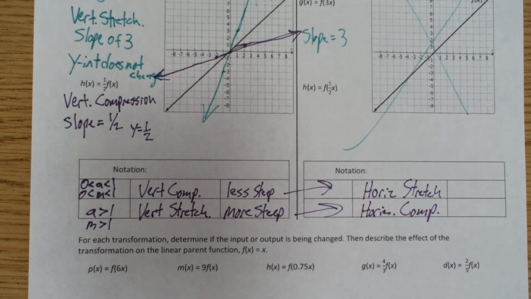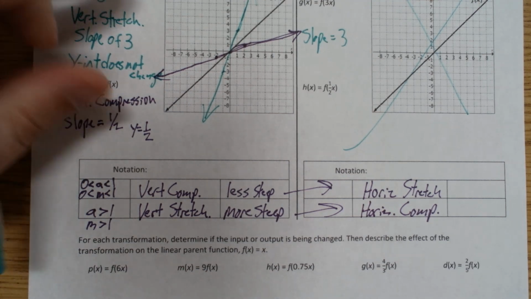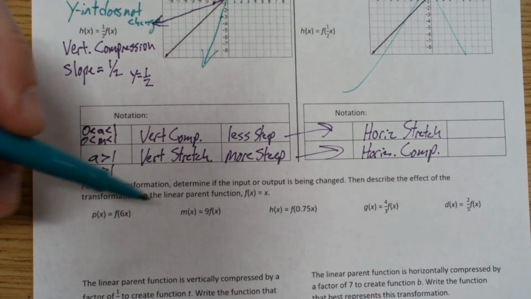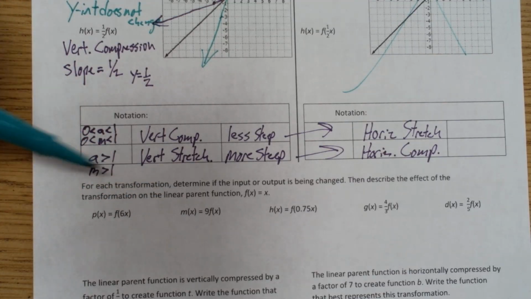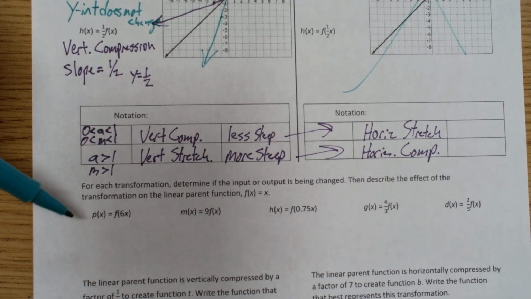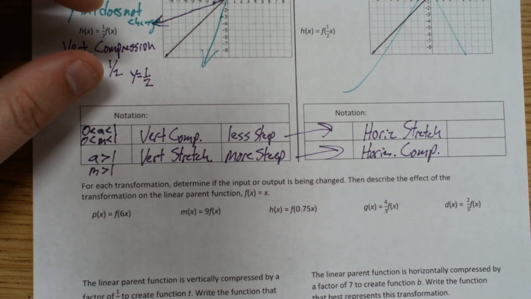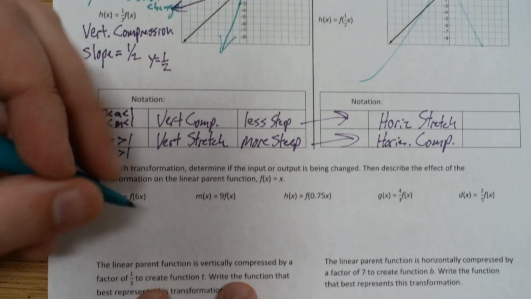Really, it's something we see naturally, so we don't want to overcomplicate it. So on this one, instead of saying input changed or output changed, we're just going to say, is it a vertical stretch or vertical compression, and go from there.